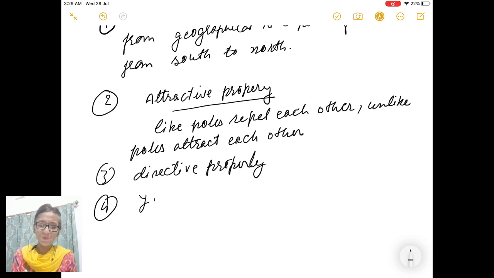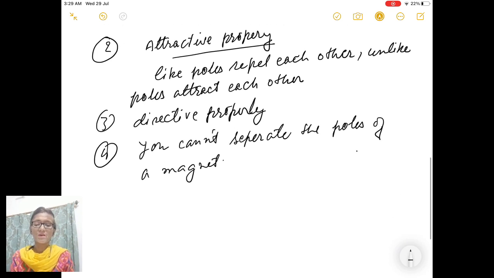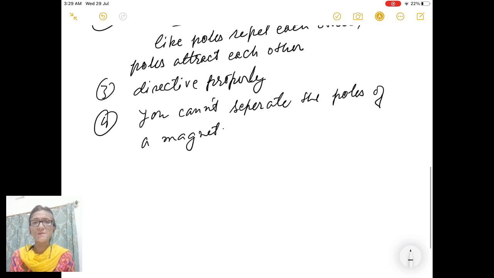Then you cannot separate the poles of a magnet. These are some properties I have listed.